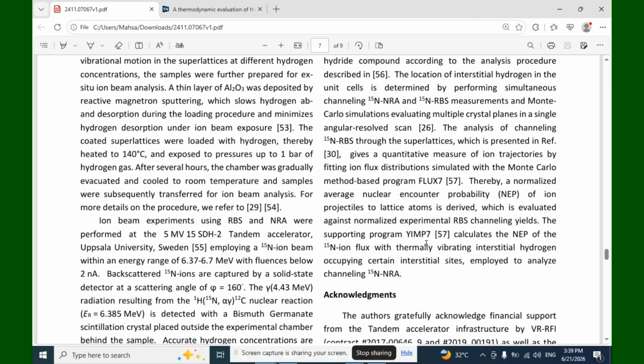The supporting program YIMP7 calculates the NEP, or nuclear encounter probability, of the ion flux with thermally vibrating interstitial hydrogen occupying certain interstitial sites, employed for analyzing channeling NRA.